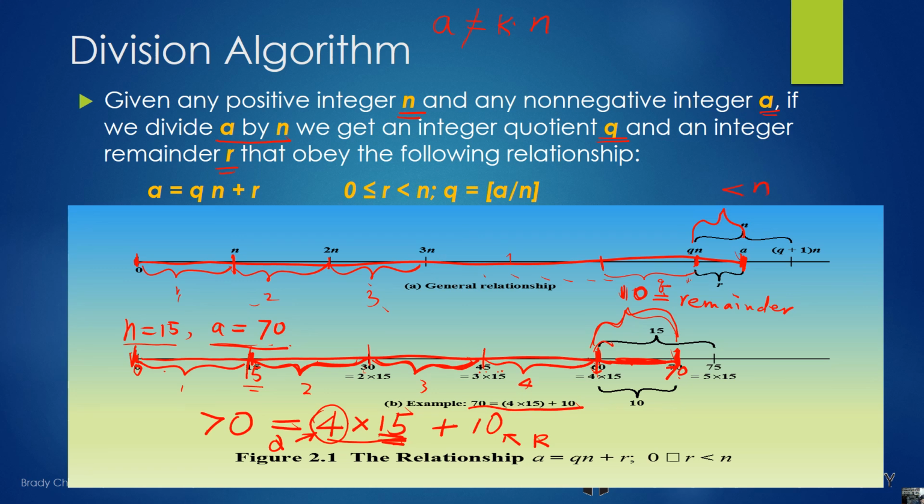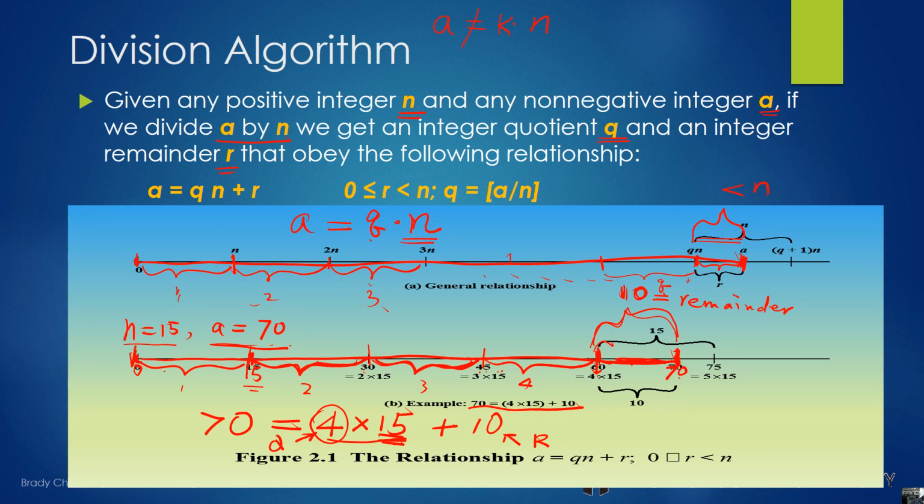Otherwise, we can cut another fragment of n. Now this is the remainder. So then we can write A as the sum of Q times n. N is the divisor.